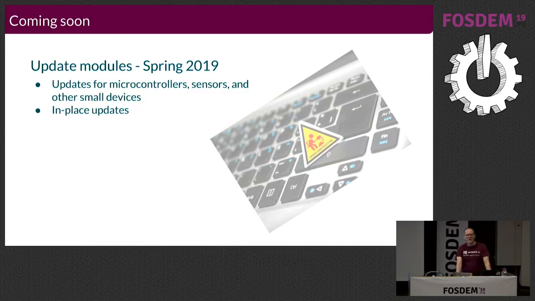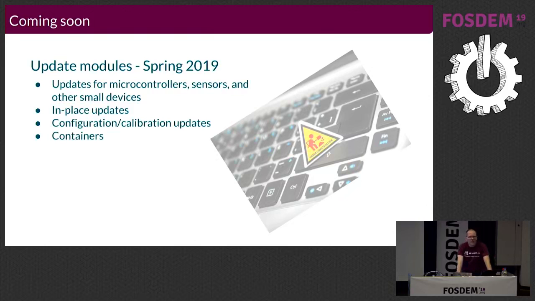So there may be some extra steps involved if we want to support updating the kernel through this in-place update mechanism. We can also support simpler things such as just configuration and calibration data. If you just want to update a few files in /etc and don't want to download a full root file system to do that, this framework will allow us to do that.